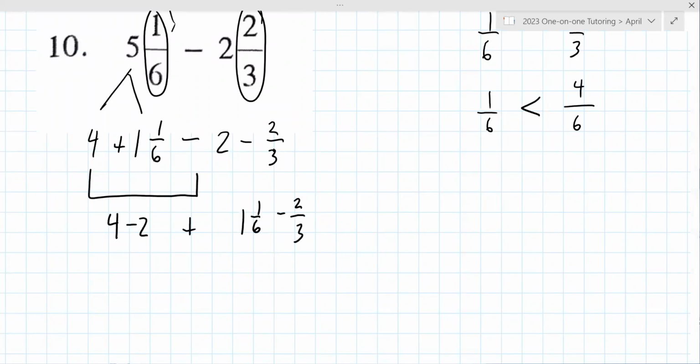Would you have to change the 3 to a 6 by multiplying it by 2? Yes. So you'd have to change the numerator to 4 because you had to multiply it by 2, just like we did over here on the right. Yep. So that becomes 4/6 minus 7/6, and then you would subtract, and that would become 3/6.